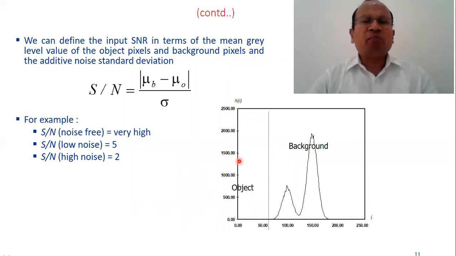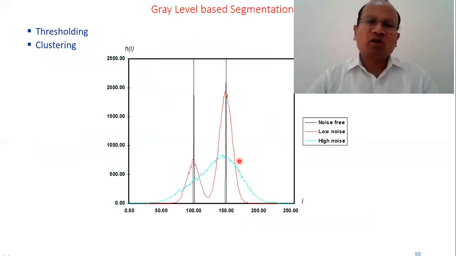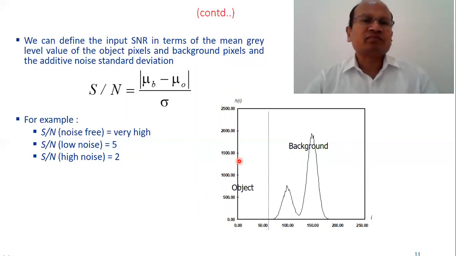Similarly, the object and background can also be separated, clustered. So when we are talking about noise, we can also choose a parameter called SNR, signal to noise ratio, to determine which area has more SNR, which pixels have lesser SNR, and accordingly we can cluster.